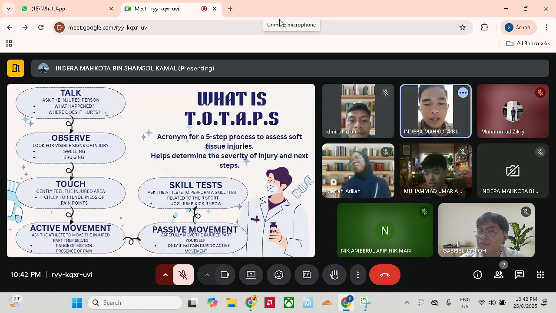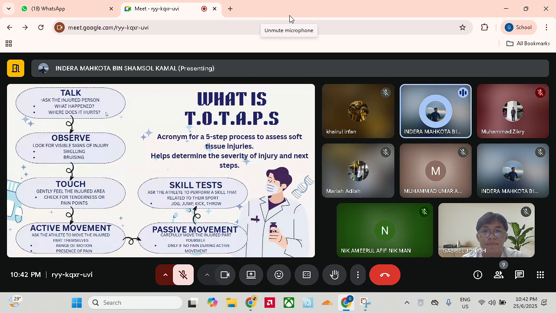For example, you are playing futsal and someone has an ankle sprain, you go to them and ask what happened. And the last is, did you hear a sound like popping or something else? That is the first procedure, and then we go to the next procedure.